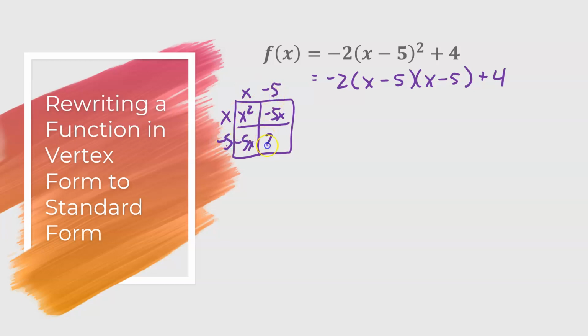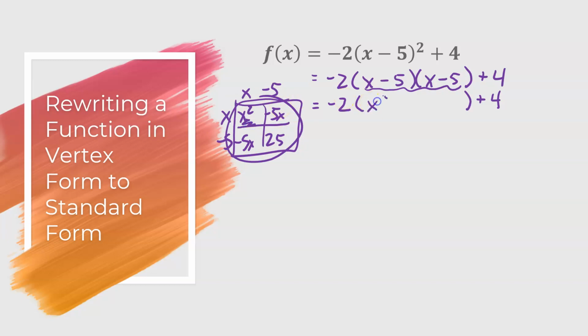A -5 times -5 is positive 25. I like to rewrite it right underneath. Remember, that -2 comes straight down. The plus 4 comes down. And I'm replacing x minus 5 times x minus 5 with what I get when I add these together. I combine like terms. I have x squared, a -5x minus 5x, which is -10x, plus 25.